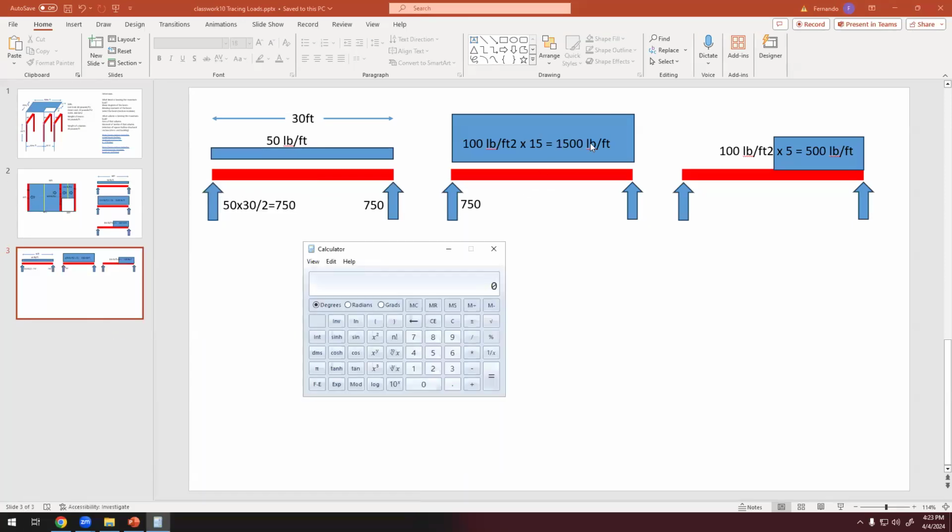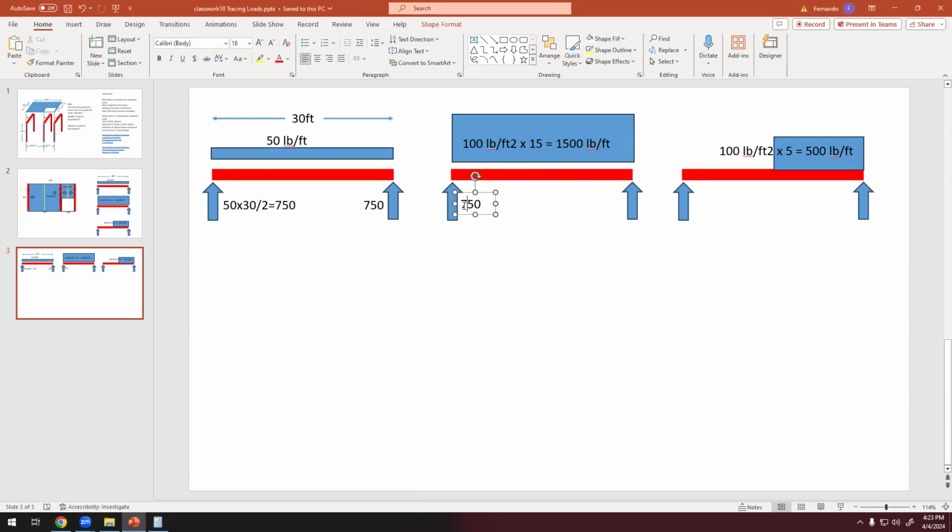It's the uniformly distributed load, 1500. 1500 times 30, the length, divided by 2, because we have two reactions. So this would be 22,500. And it's symmetrical. So that will be 22,500.